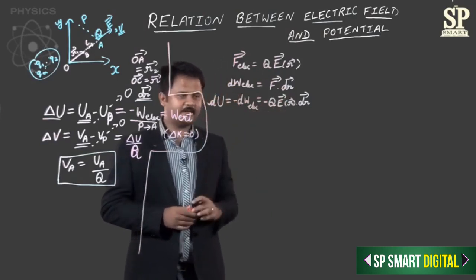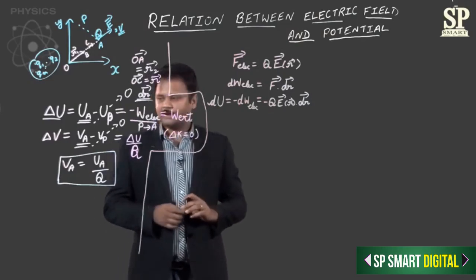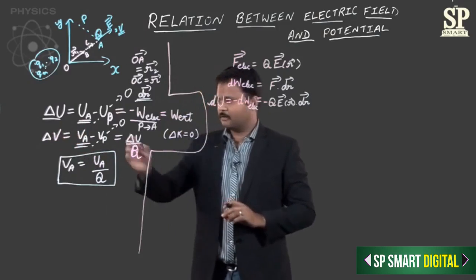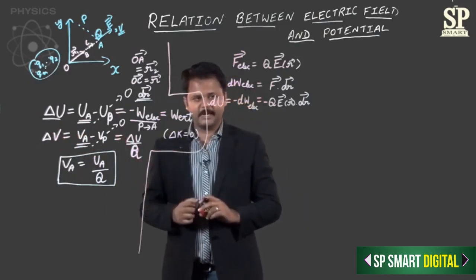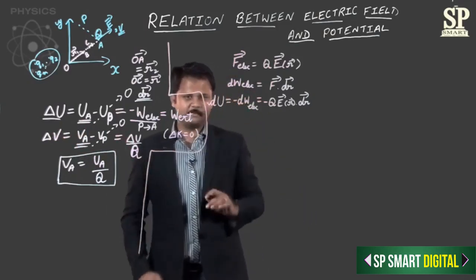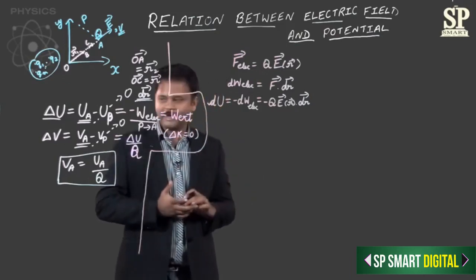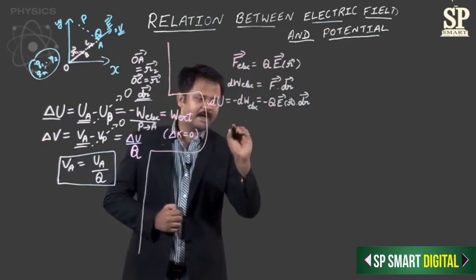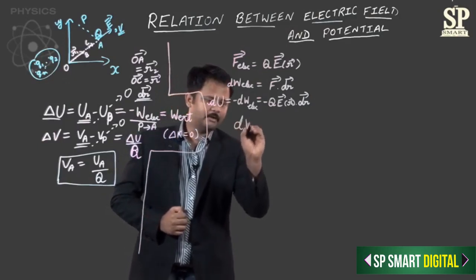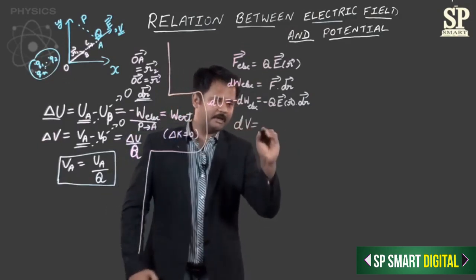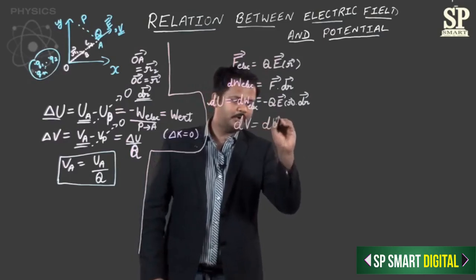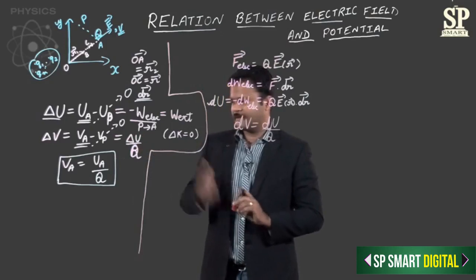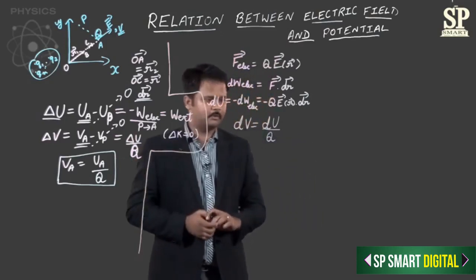So this is the relation I get, and then let's take into picture the change in potential, or the potential difference. Due to this potential energy difference, there will be a potential difference also, which we will call dV. Then dV is simply dU upon q. We've seen this formula, right? Delta U upon q.